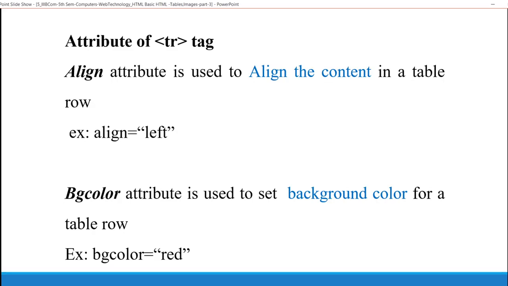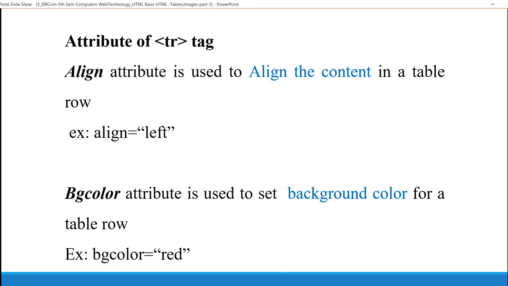If you want the content of a row, or a heading, or the data to be aligned in a cell, either on the left side, right, or center of the cell, we use the align attribute.